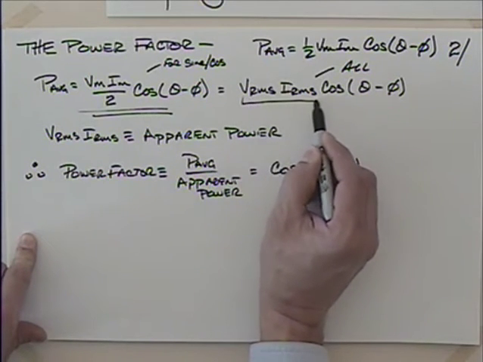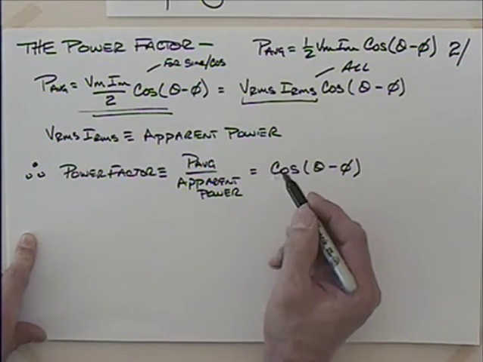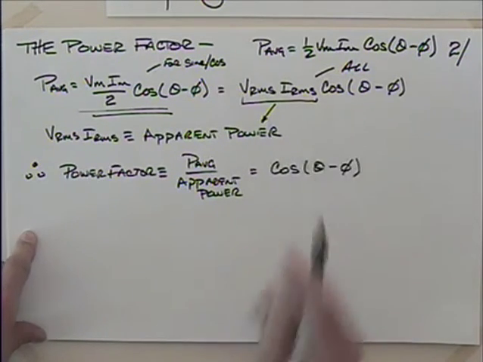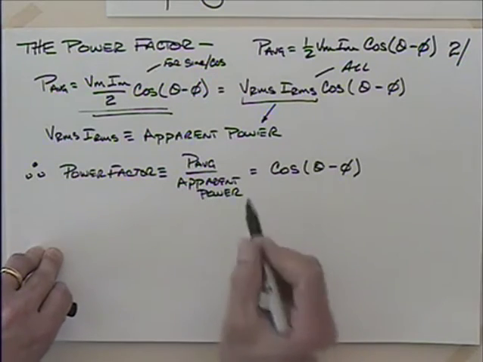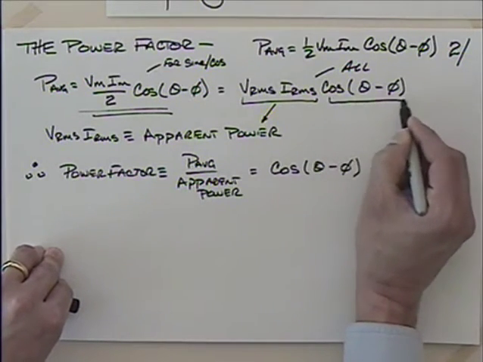I want to take the product of VRMS times IRMS, and I'm going to call that the apparent power. So I'm just starting to give things different names, slicing them up and calling them different things. And then, because I like to give things new names, I can call the power factor the ratio of the average power over the apparent power. If you look at the ratio of the average power over the apparent power, that's what this is.